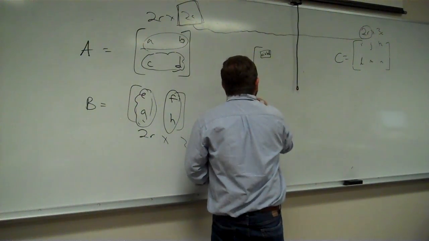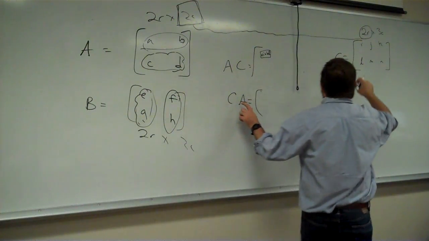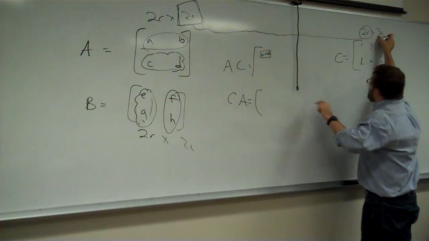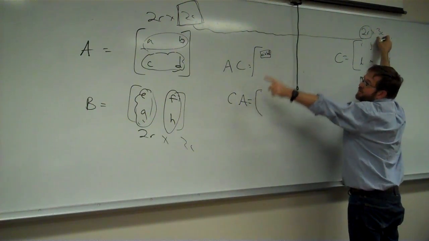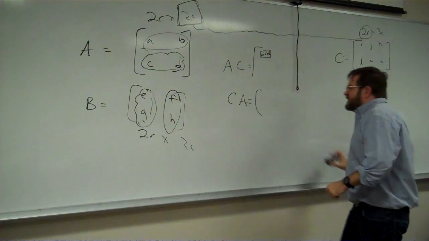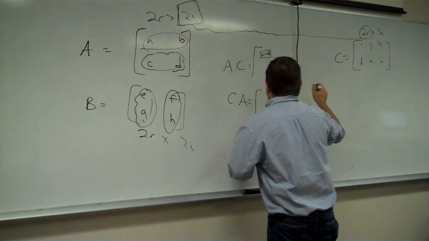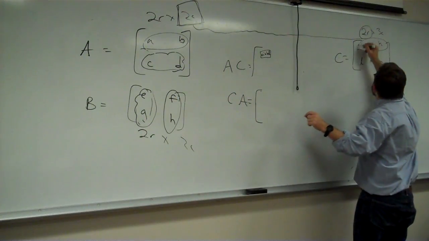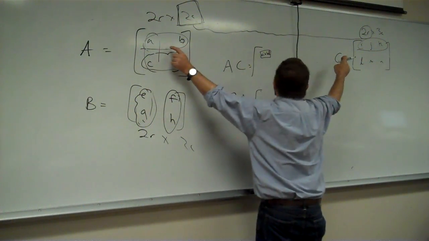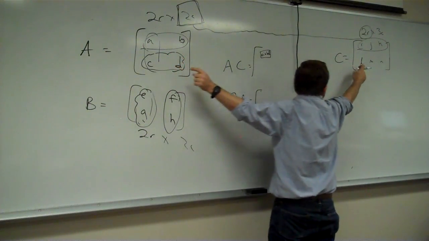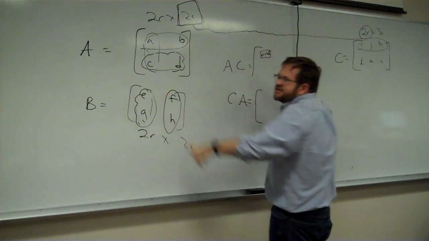Let's see what happens. C times A. That would mean the number of columns in that first one, C, which is 3, has to equal the number of rows in the second one, which is 2. It should not work. Let's find out. It should be the first row of this times the column of this: I times A plus J times C plus K times there's nothing there.